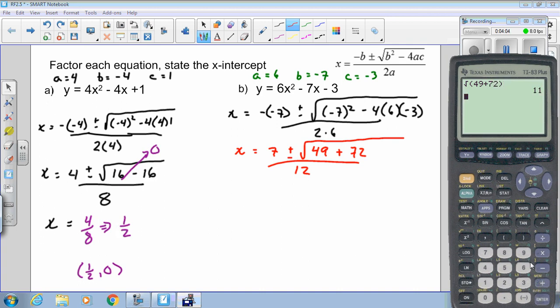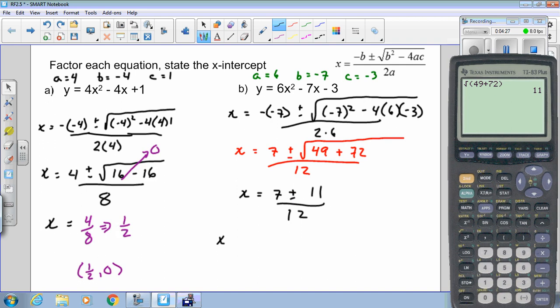So the square root of that is 11, because it works out to be 121. So that means I'll have 7 plus minus 11 over 12.